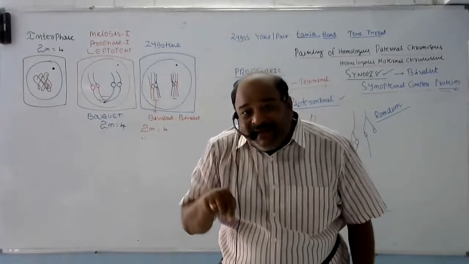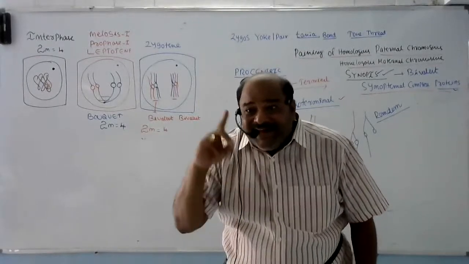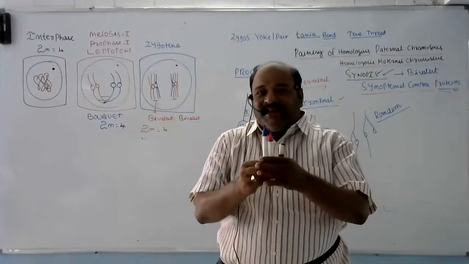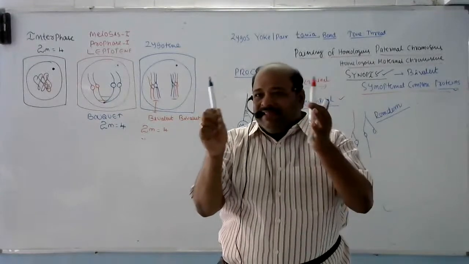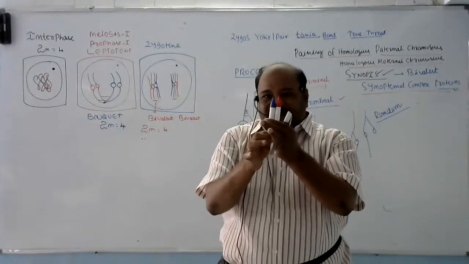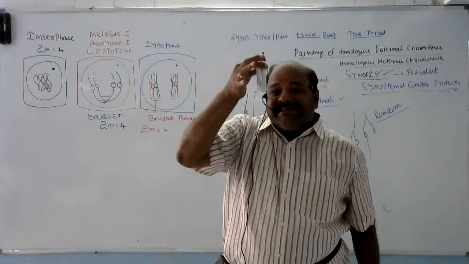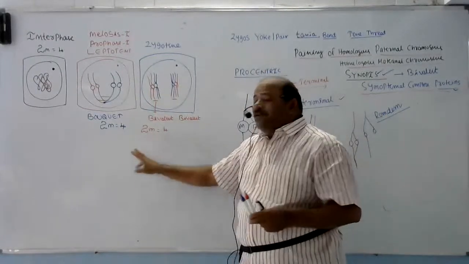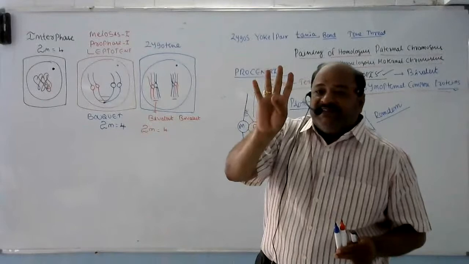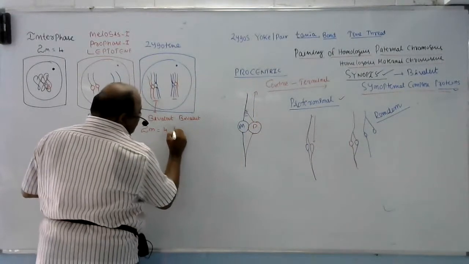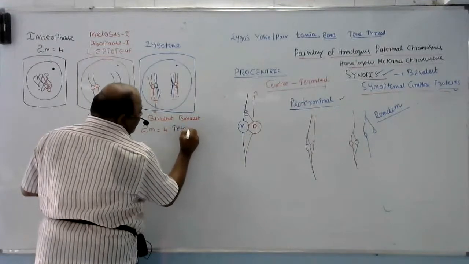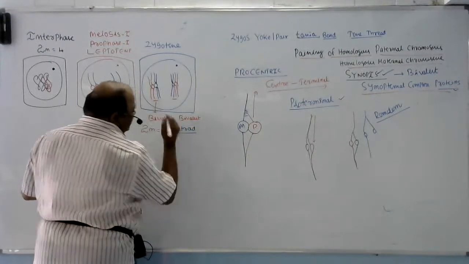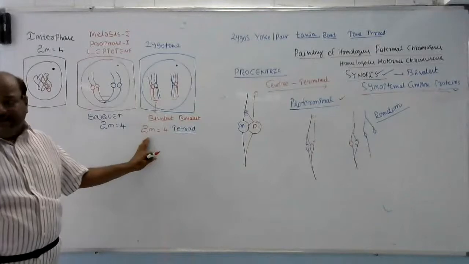Are they the same or different? They are different. One is paternal, another one is maternal. This is a bivalent. In each bivalent, how many chromatids are present? Four chromatids are present, hence it is called a tetrad.